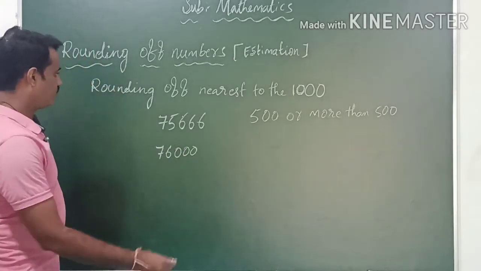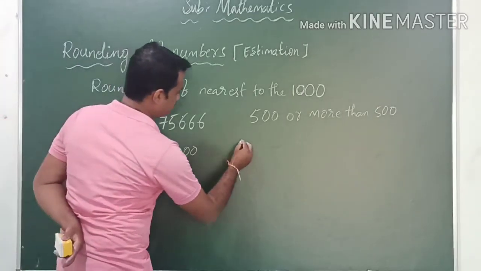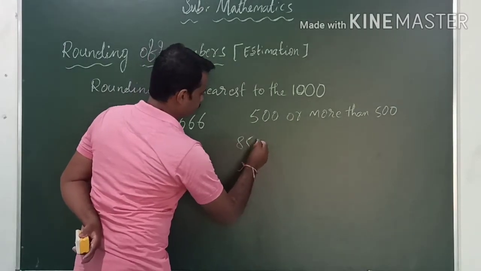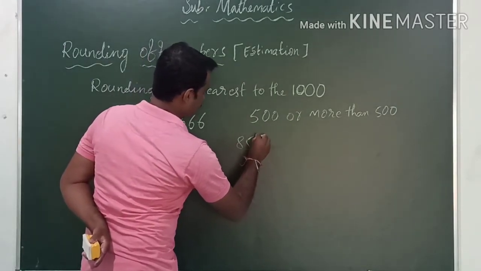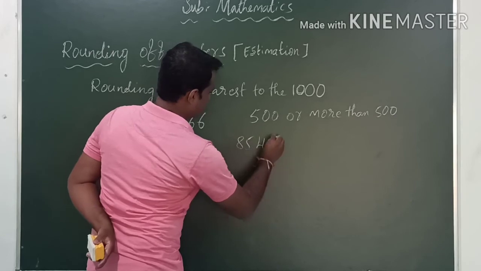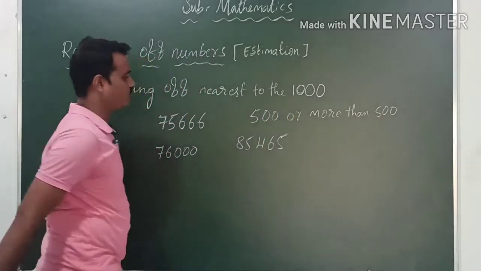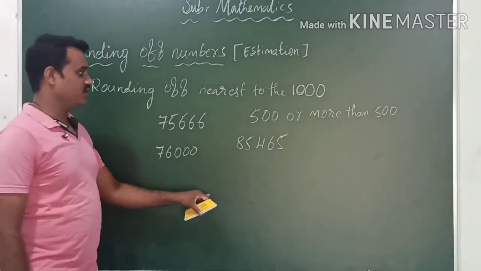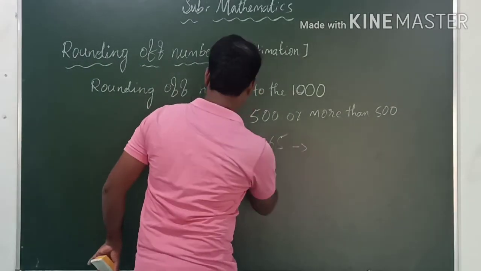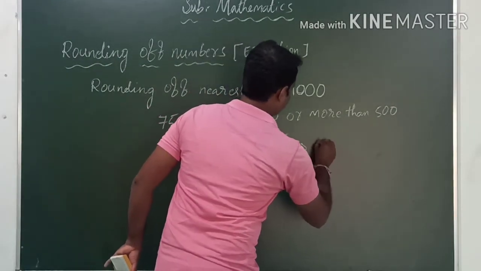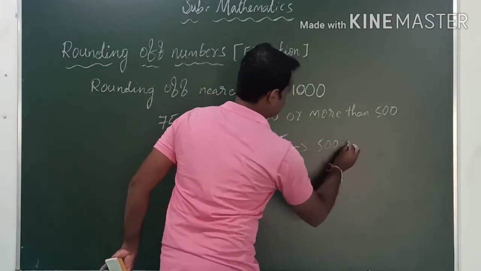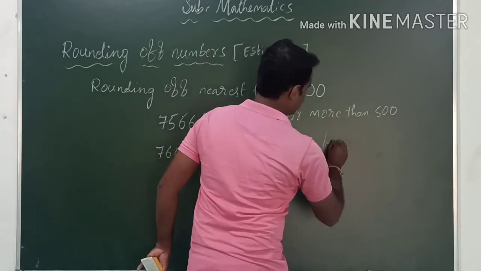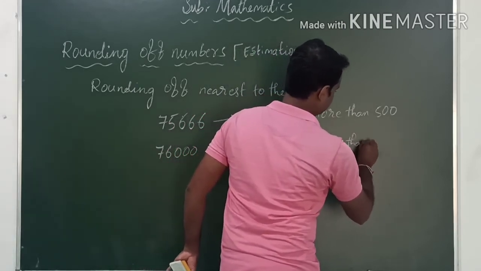One more example I show you. 85,465. 465 is less than 500.